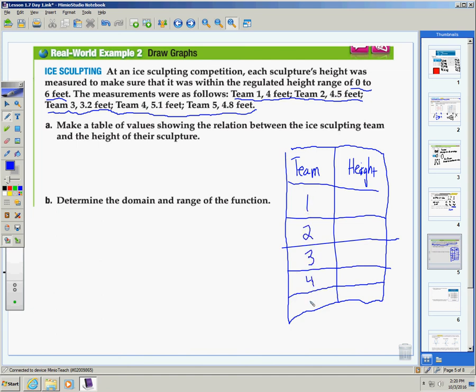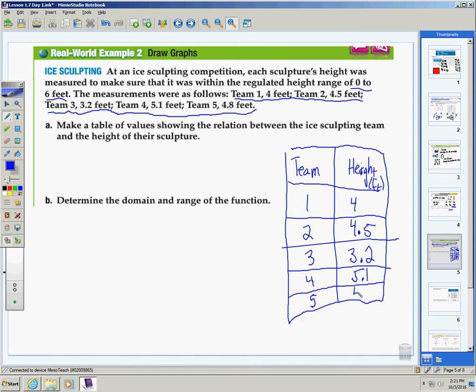Team 1, the height was 4 feet, and I'm going to put feet for my height, just so I don't have to write feet every single time. Team 2, 4.5 feet. Team 3, 3.2 feet. Team 4, 5.1 feet. And Team 5, 4.8 feet.